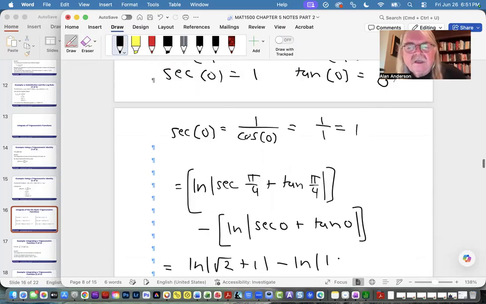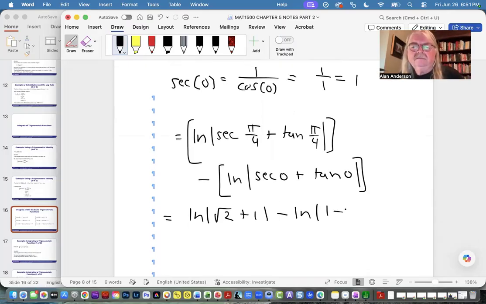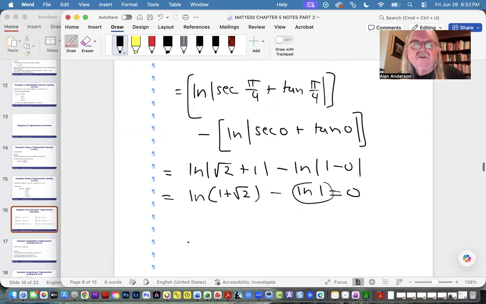Secant of 0 is 1. Tangent of 0 is 0. Now, 1 plus radical 2 is a positive number, so I'll write it like this. Now, 1 minus 0, the log of 1 is just 0. So the final answer is the natural log of 1 plus radical 2.